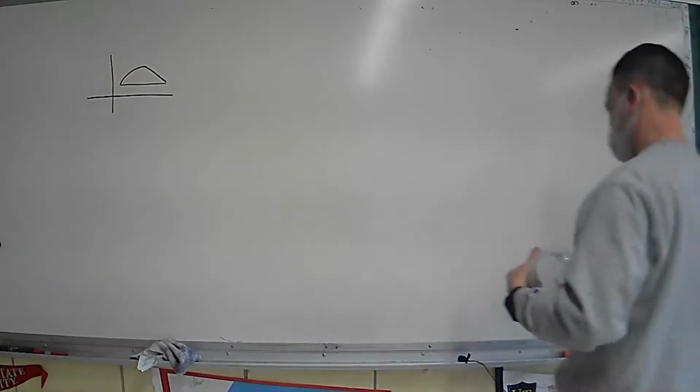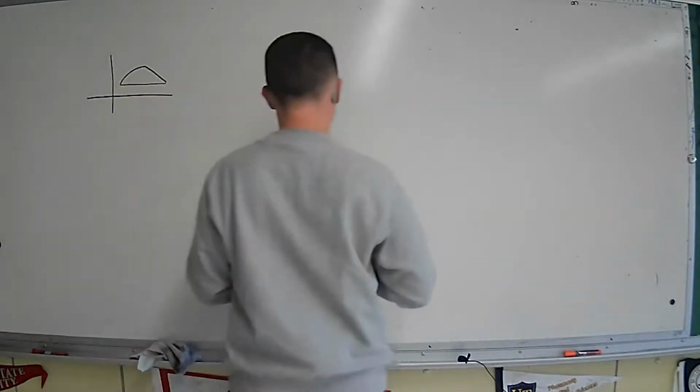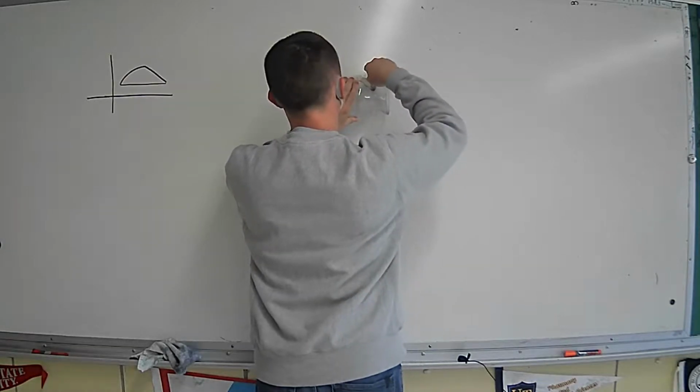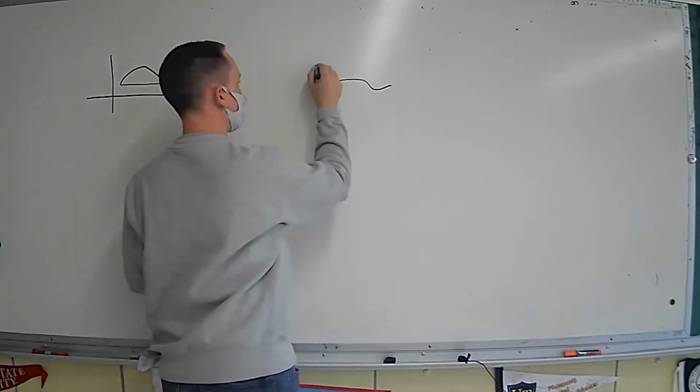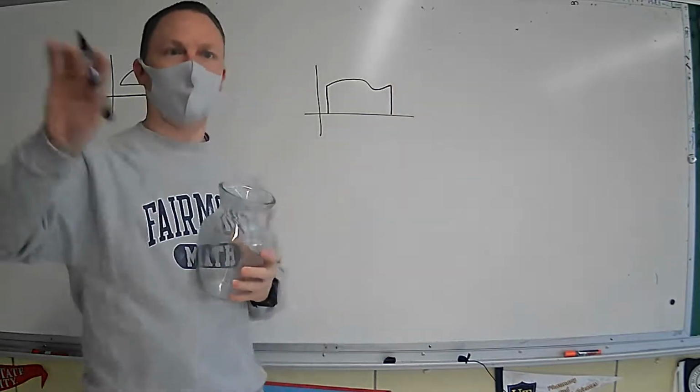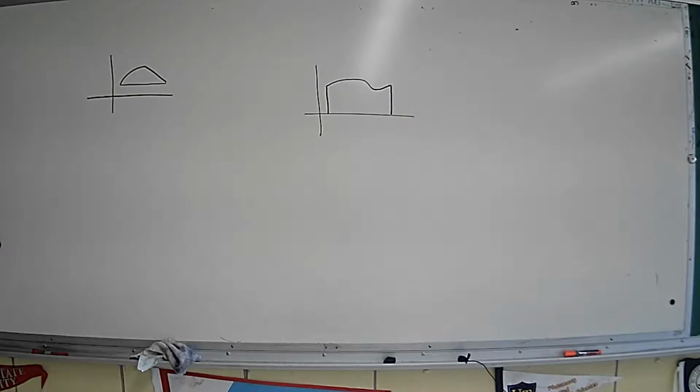This vase could have been generated by taking a region that looked like this, and rotating that around an axis. You see that?